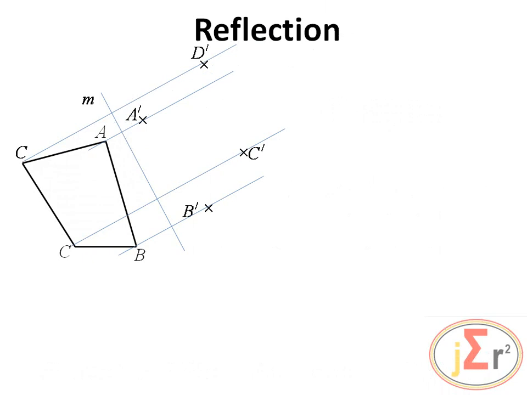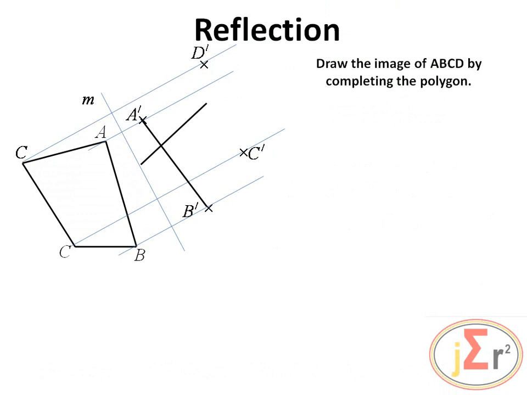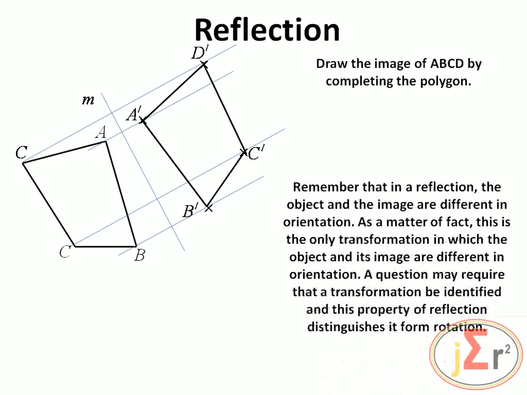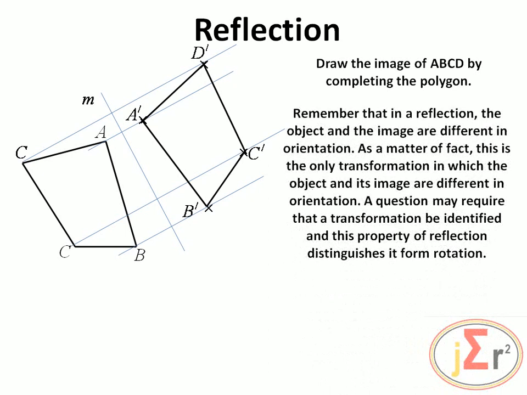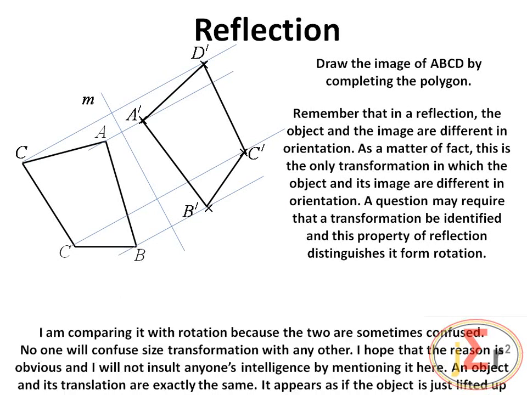So here we have all of our points, and we will complete the quadrilateral by drawing the lines. Remember that in a reflection, the object and its image are different in orientation. As a matter of fact, this is the only transformation in which the object and its image are different in orientation. A question may require that a transformation be identified, and this property of reflection distinguishes it from rotation.